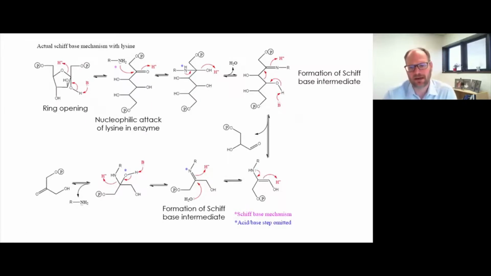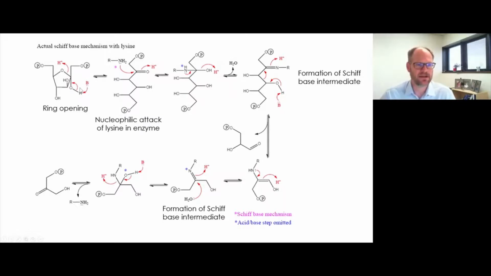So the actual mechanism that occurs inside the enzyme is a little more complicated, although the mechanism can be thought of entirely through the lens of this classic aldol condensation cleavage reaction. The actual chemistry that happens in the enzyme is a little bit more complicated.